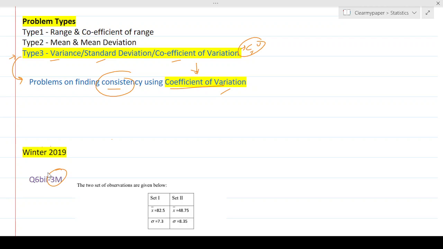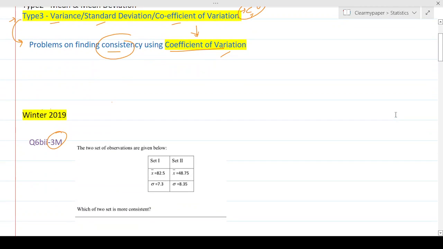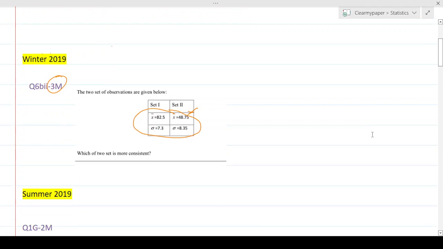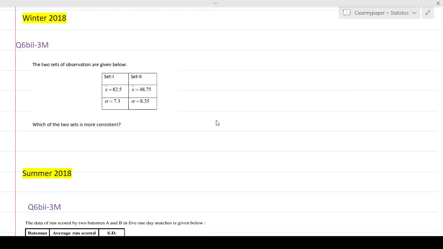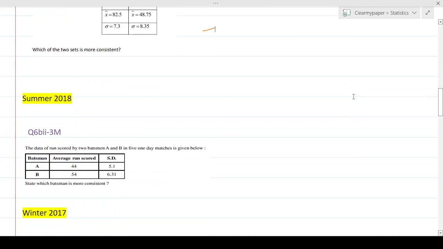And the interesting thing is, like I said in my previous episodes, for the last 4 papers, this one specific problem with these exact values, where they give you 2 sets and these values are there, has been repeated 3 or 4 times with no change. See, over here it's repeated, over here it's repeated, over here it's repeated, and they skipped summer 2018.